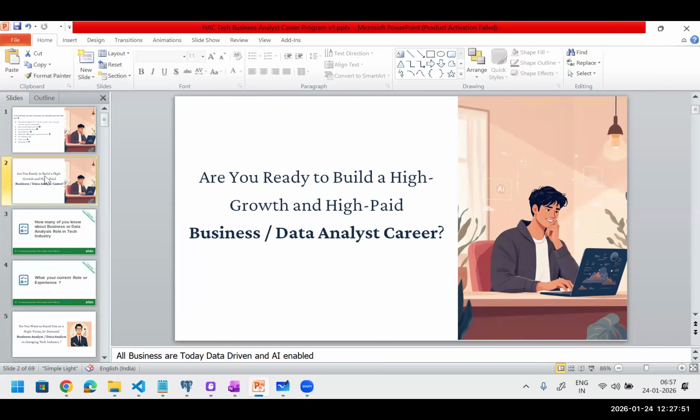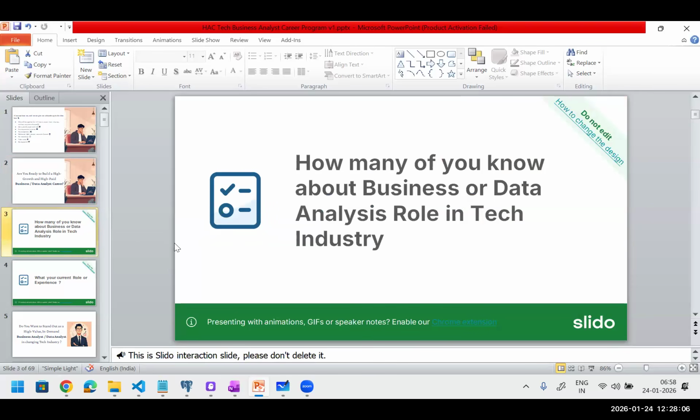So data is the key. That is the reason this course is composed of data and business and analysis. And that is what the market is demanding.